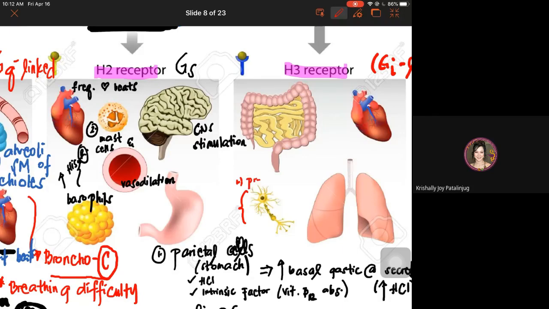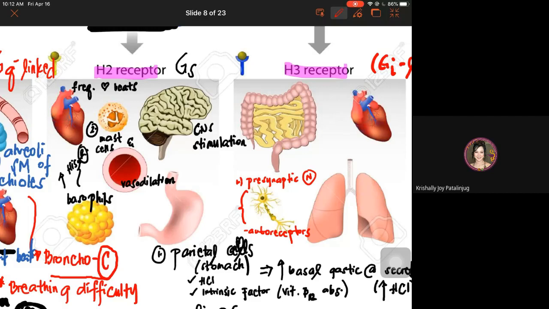Okay, presynaptic neuron. And then recall that receptors located in the presynapse are considered autoreceptors. If you can still remember, they are considered autoreceptors when the receptor is found on the presynapse.